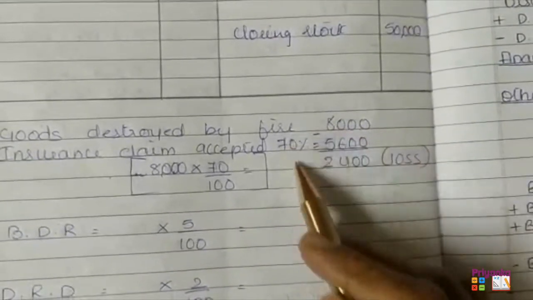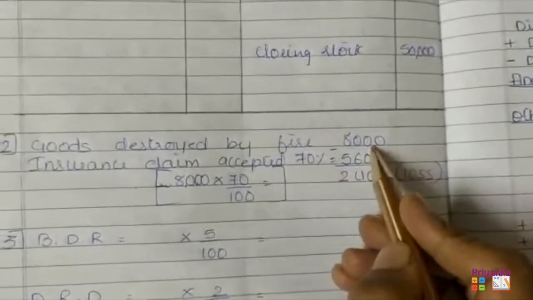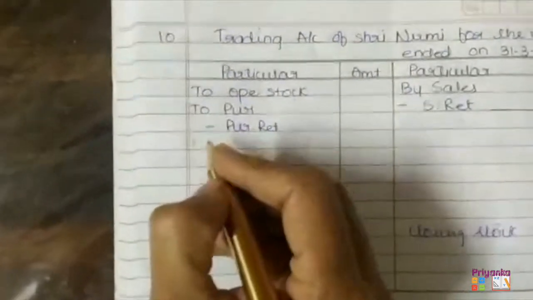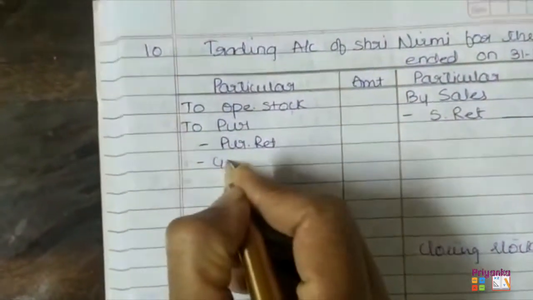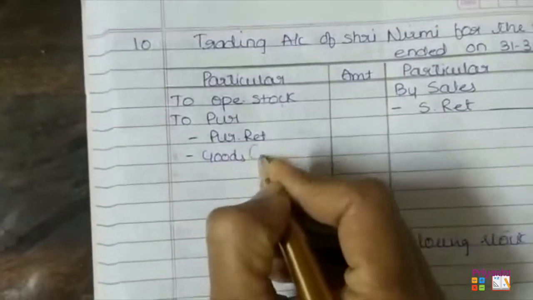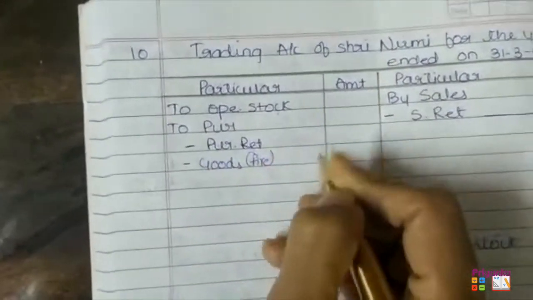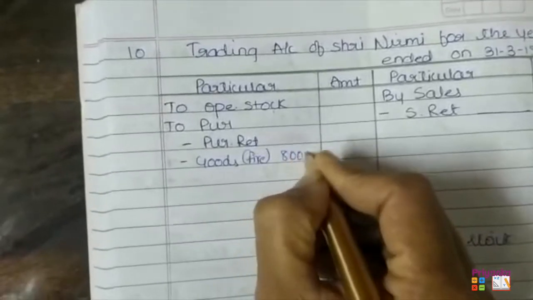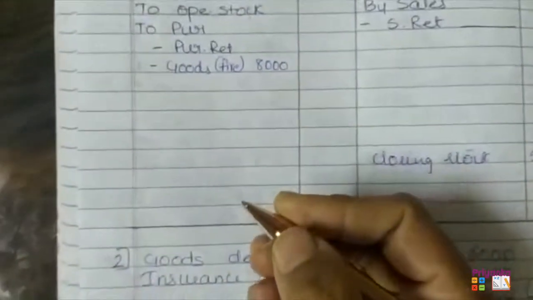So we are going to give 3 entries for this adjustment. First we'll give the goods entry, which will get minus from the purchase, goods destroyed by fire. Here we'll give 8,000, out of which the insurance company accepted claim will be written on the balance sheet.